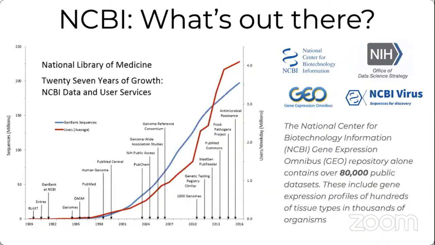To give you a perspective, there are at least over 80,000 publicly available data sets in just one part of the NCBI database called the GEO database, which stands for Gene Expression Omnibus. Such data repositories contain datasets on thousands of genes in each sample, with tens and even hundreds of samples per dataset.